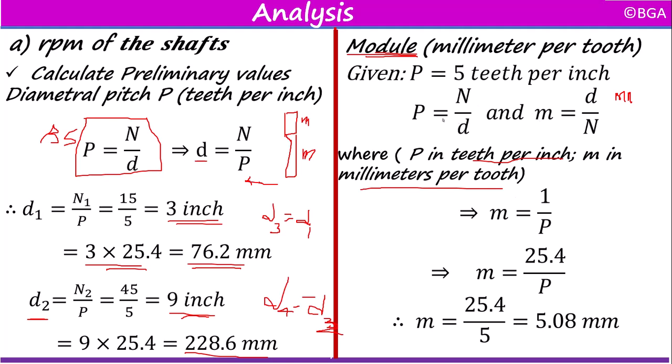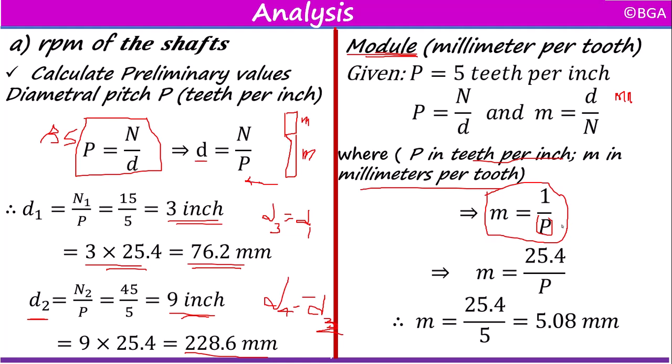If you relate the two equations, you see that the module is the reciprocal of diametral pitch. But don't forget, this P is in terms of teeth per inch.